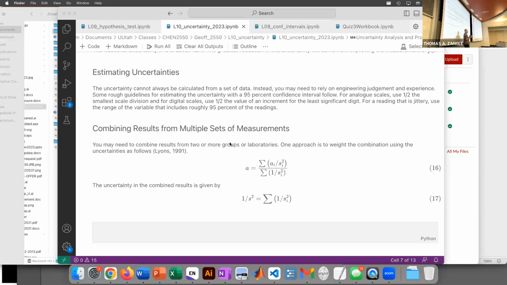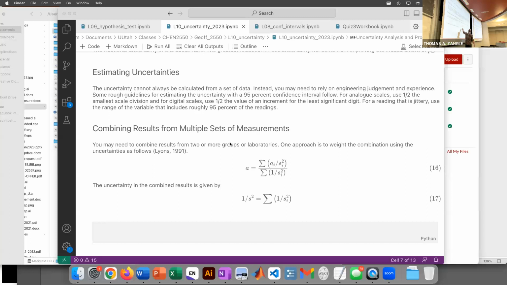So maybe you have a set of samples and historically you sent one set out to a certain laboratory that was really, really good. And now that laboratory shut down and you have some additional data and you sent it out to another laboratory that's not nearly as good. And you want to now combine the values from these multiple different groups together and estimate the resulting uncertainty in this much larger data set.